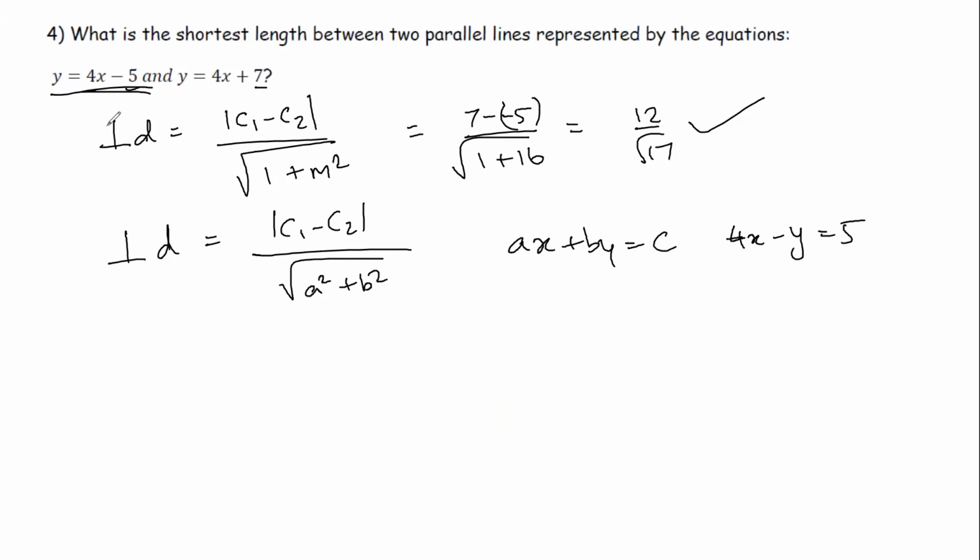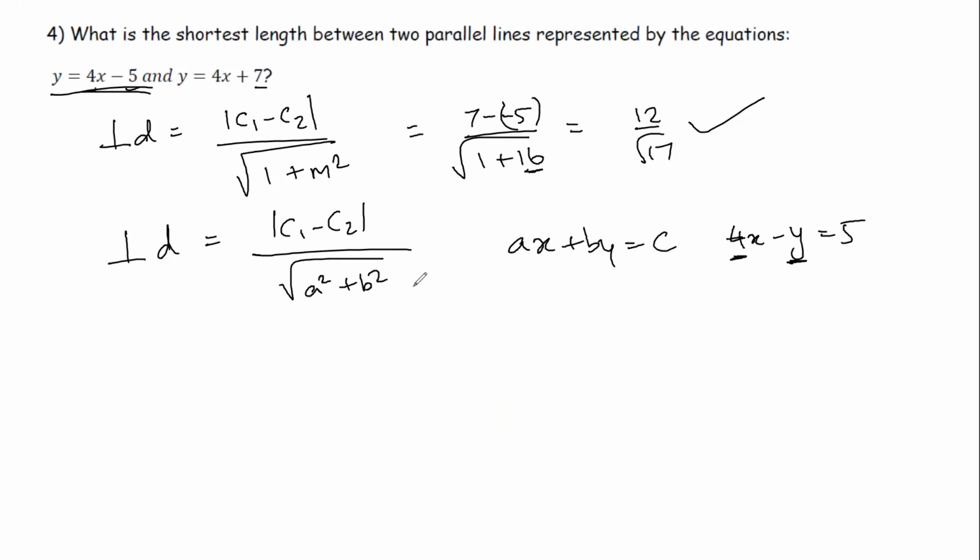The x and y come this side, 5 goes that side. So a is 4, which is 4 square, 16, and b is negative 1, so negative 1 the whole thing squared is also 1. So 16 plus 1, you'll end up getting the same answer, right?